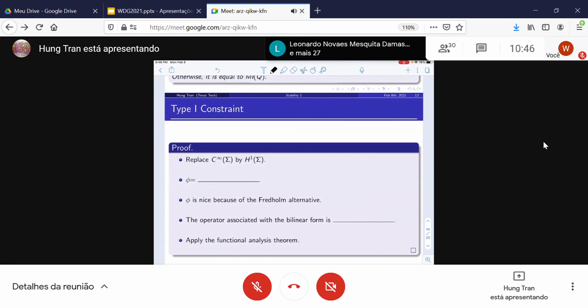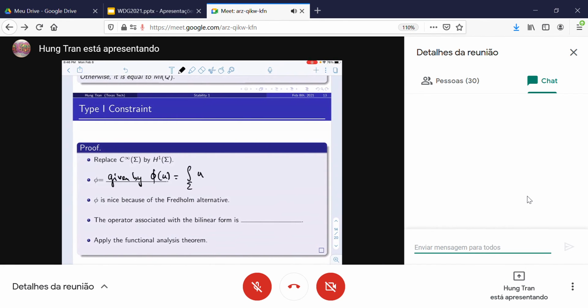Now, phi here is given by the following: phi of u is equal to the integration of u over the interior of the domain. You can think about phi here as the L2 multiplication by the function 1, the function which is constantly equal to 1. And phi here is nice because of the Fredholm alternative.